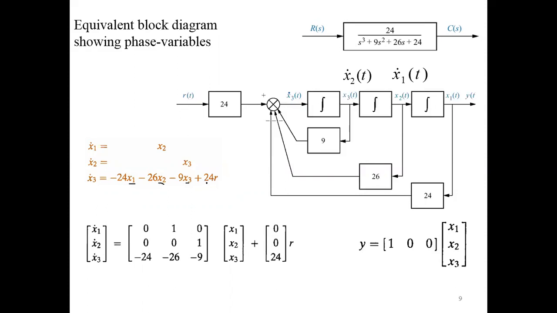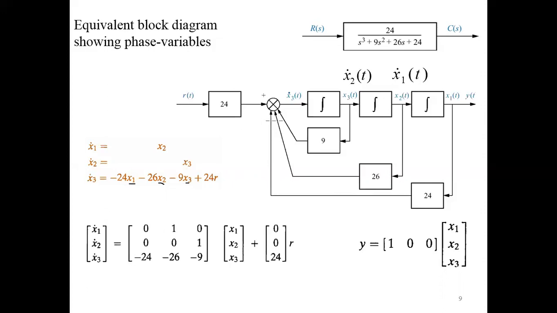R will be multiplied with the gain 24, and will pass to the summing junction, with three negative terms: minus 9x3, minus 26x2, and x1 will be multiplied with 24 and subtracted from this input to get the x3 derivative.